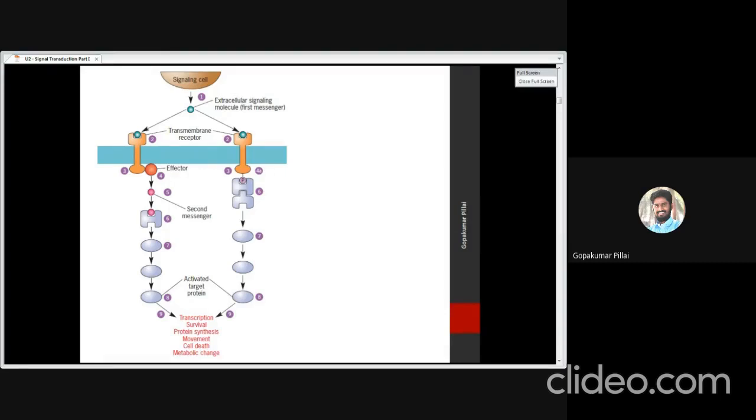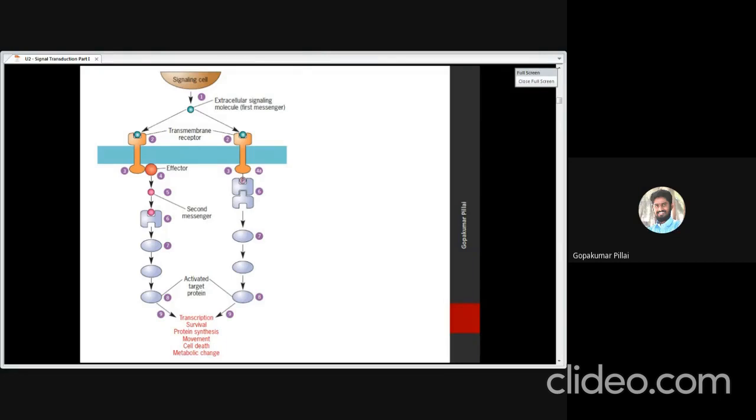One fellow gives the signal to the second, the second to the third, third to fourth, fourth to fifth, and so on, depending upon what kind of target cell or target region is to be activated. Depending upon that, you can have different numbers of cell signaling proteins which help in transmission of the signal. This is why it is called a cascade, or signal transduction cascade.